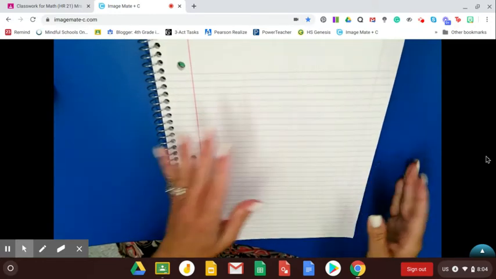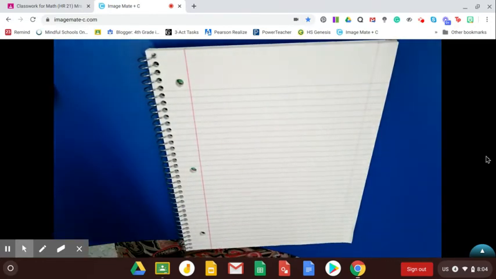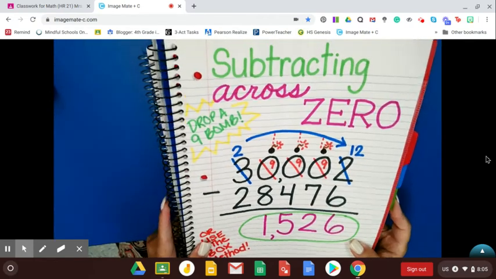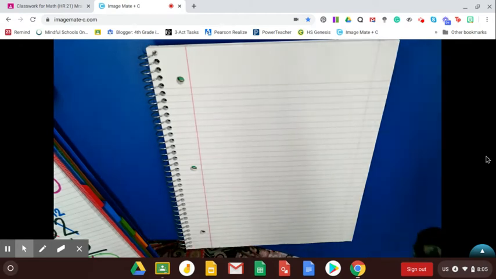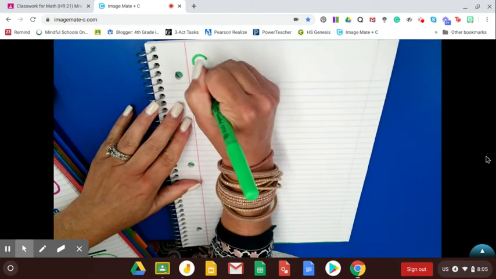All right, our notes for today are going to take place on the next blank page. And when we're all done, they're going to look like this. Kind of nice. All right, across the top, you are going to write the title, Subtracting Across Zeros.